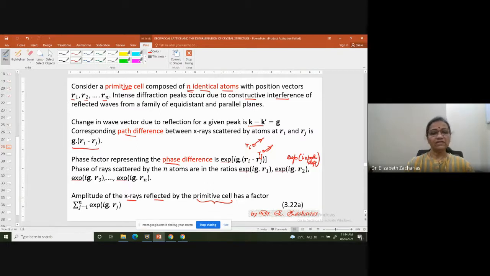You will find that the equation for the amplitude is going to contain the expression, summation of exponential iG dot Rj, and this exponential iG dot Rj, as I told you, corresponds to the path difference. So the amplitude of X-ray reflected from a given primitive cell containing n atoms is going to contain this term, summation exponential iG dot Rj.